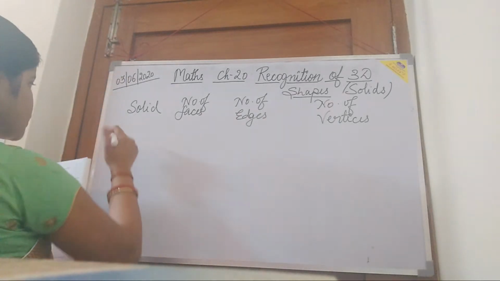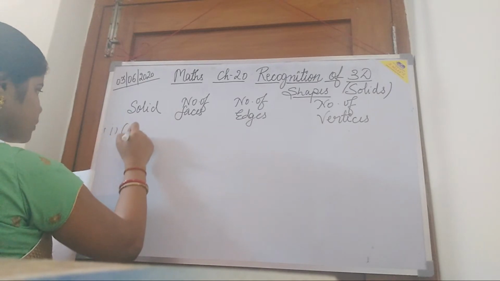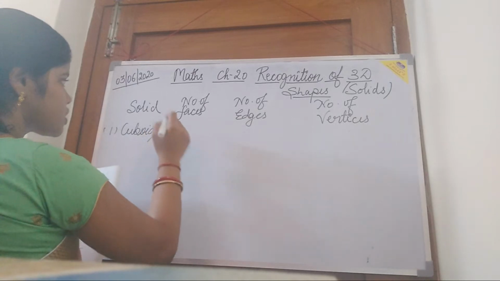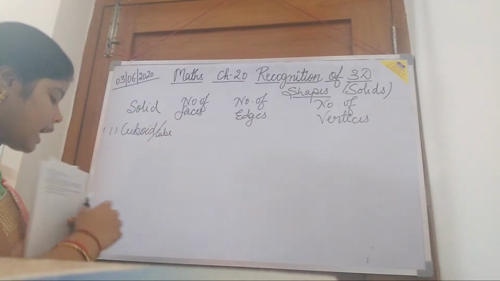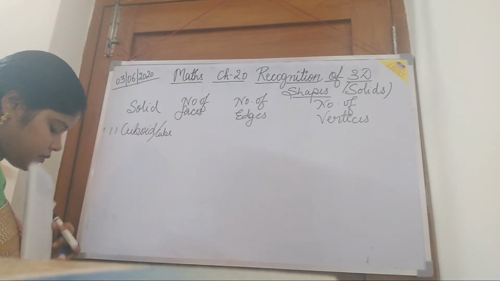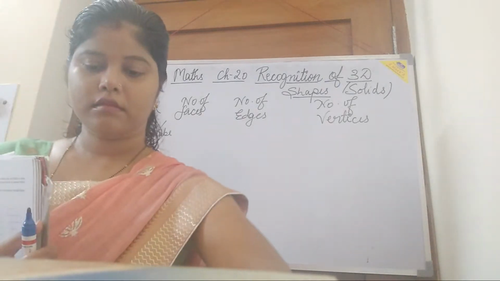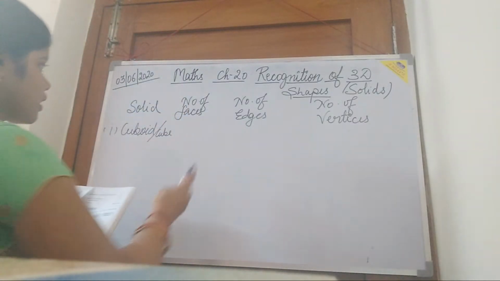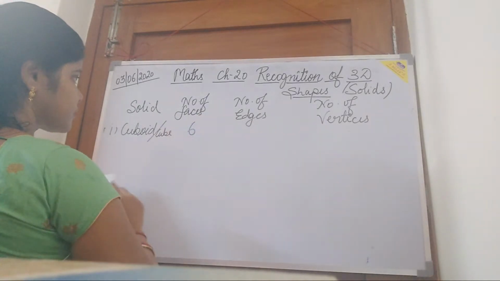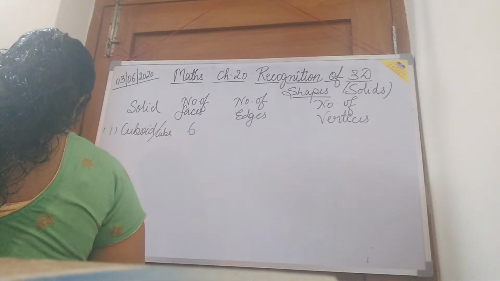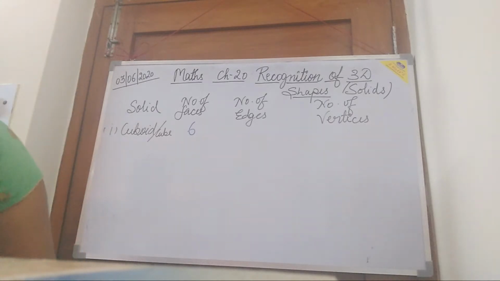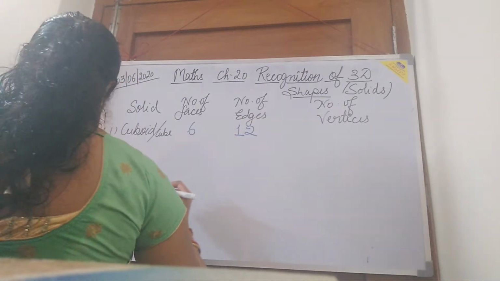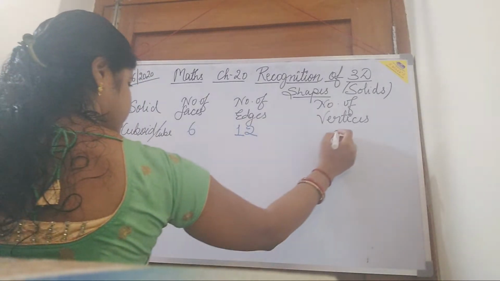The first solid is cuboid or cube. Number of faces in a cuboid is 6. Number of edges 12, and number of vertices 8.